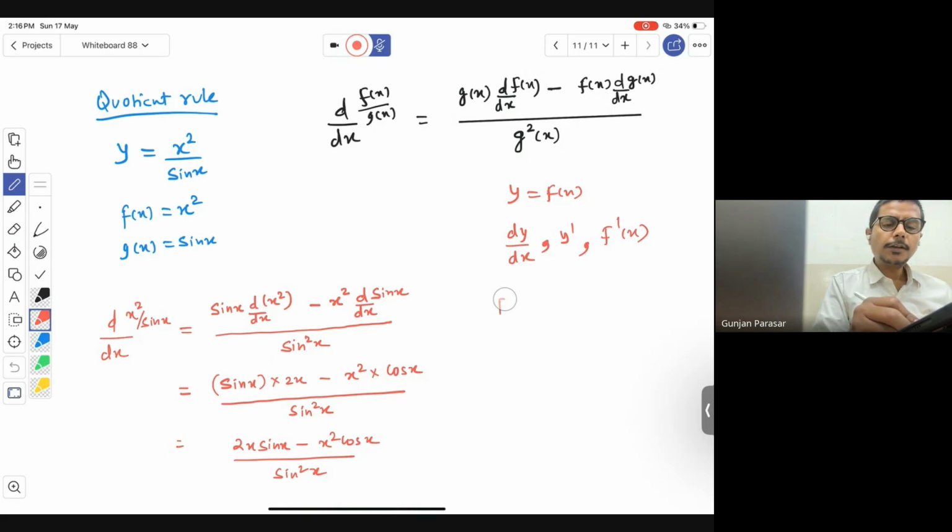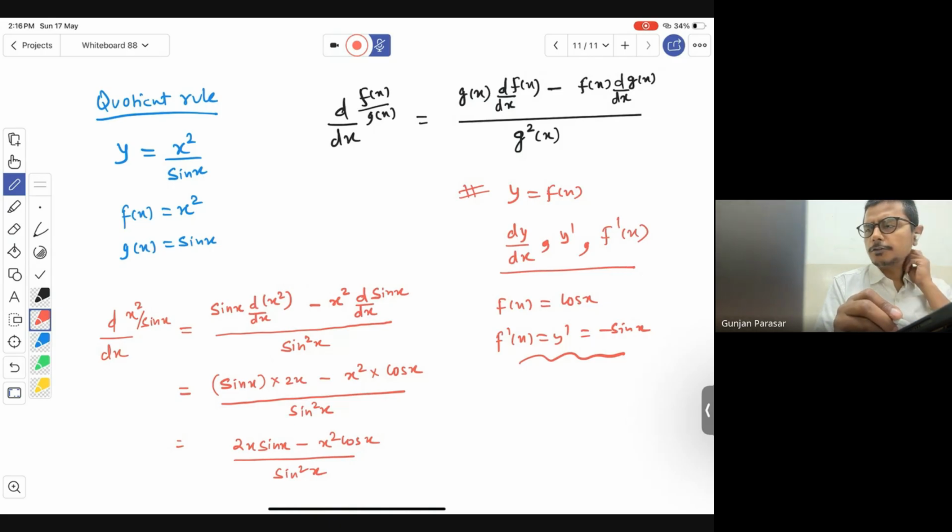For example, if I write f of x is equal to cos x, then f dash x or y dash is equal to minus sin x. Got the meaning? I hope all of you got this. So for dy by dx, another symbol is y dash or f dash x.